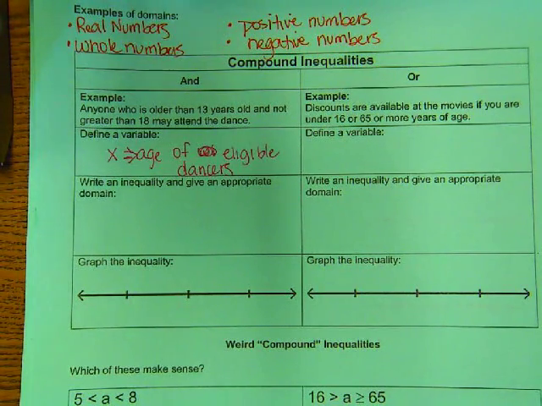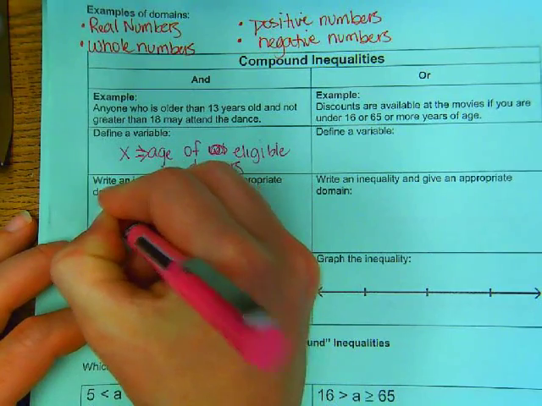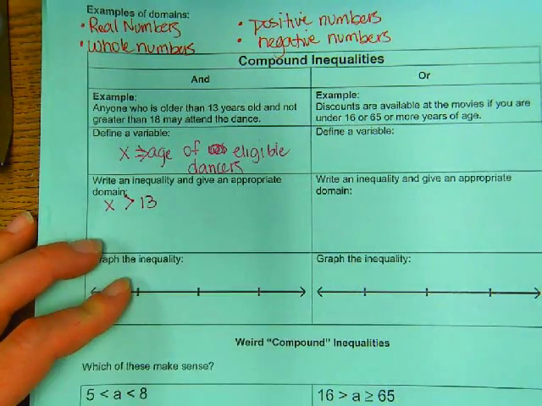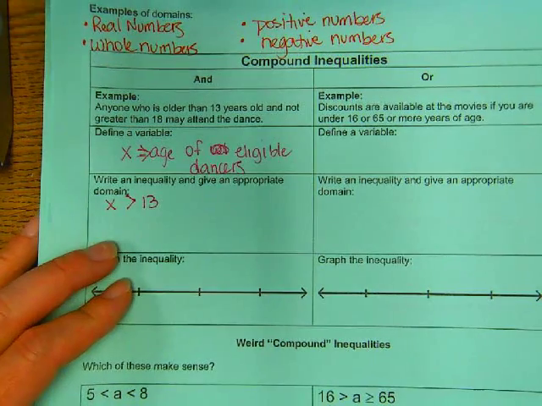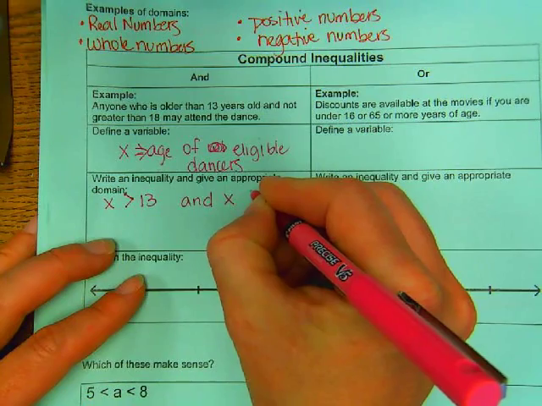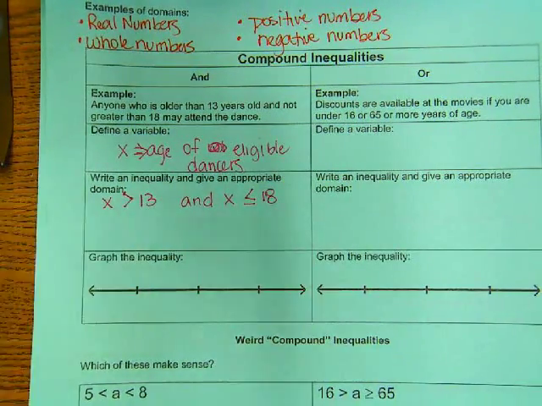Okay. Now, for ands, you can write them separate or you can write them together. Ands are cool that way. Ors, you can't do that. So anyone who's older than 13, so that would mean X is greater than 13 and not greater than 18, so and X is less than or equal to 18.